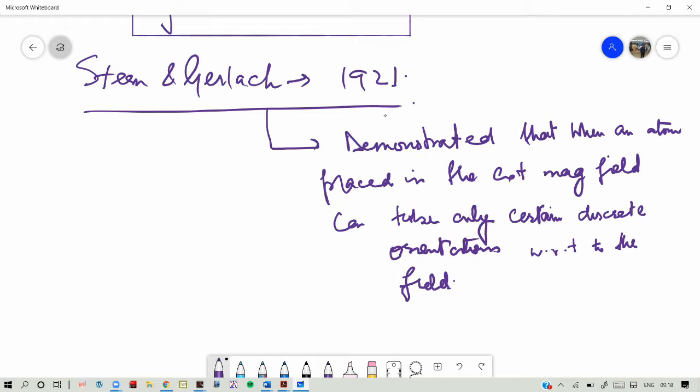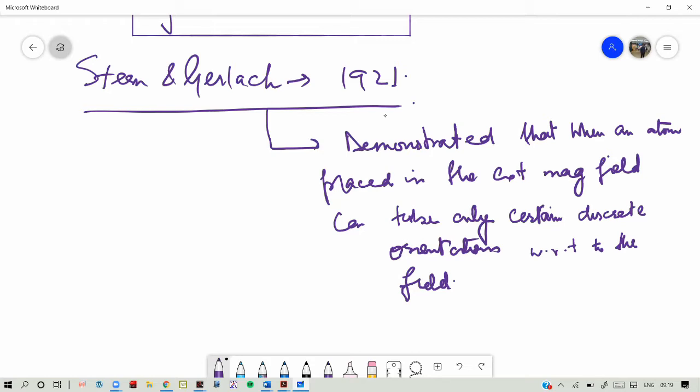That means when we put a stream of atoms in an external magnetic field, the magnetic moment of this atom, especially the orbital as well as the spin magnetic moments, takes certain discrete orientations with respect to the field, so it is not continuous.